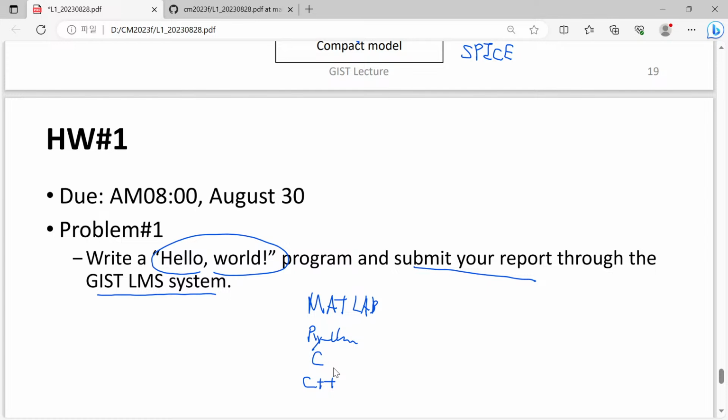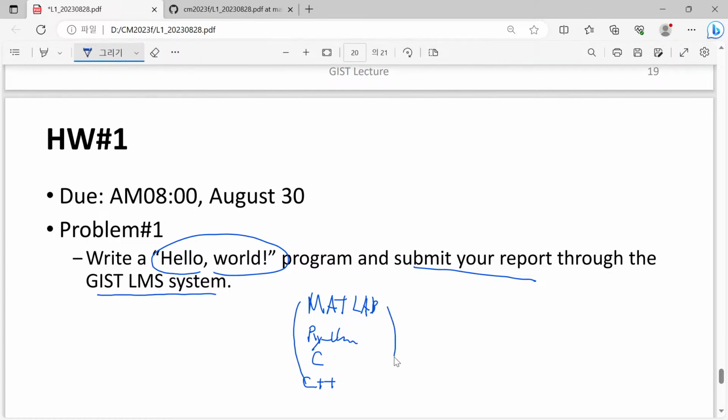What is important is that once this semester is over, you have your own well-developed in-house device program and process program suitable for your own purpose. So don't be so concerned about the program or development environment.